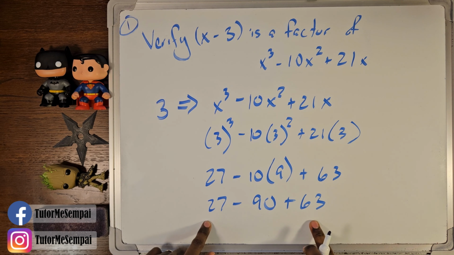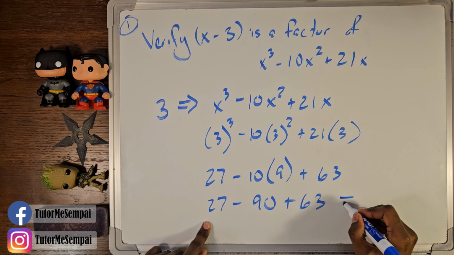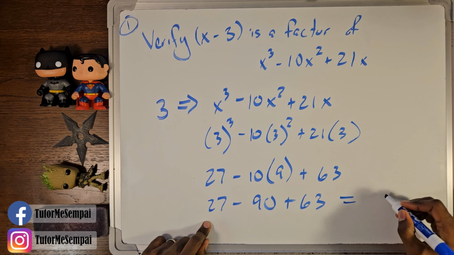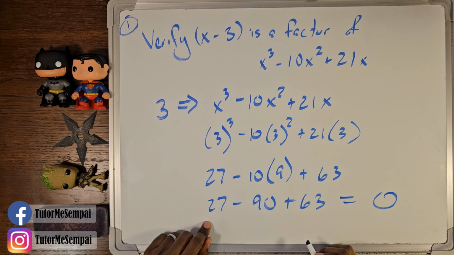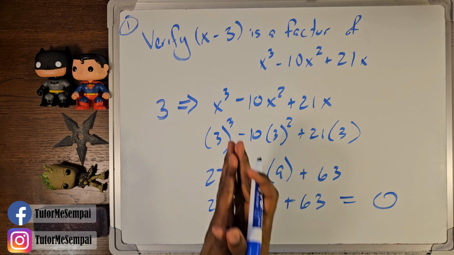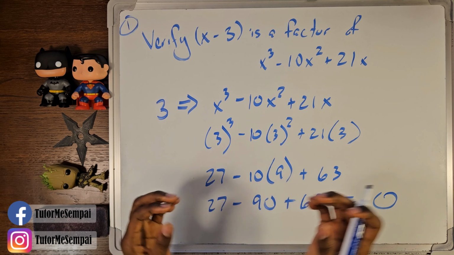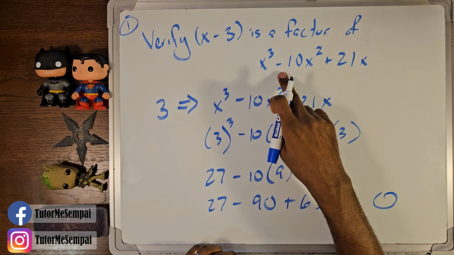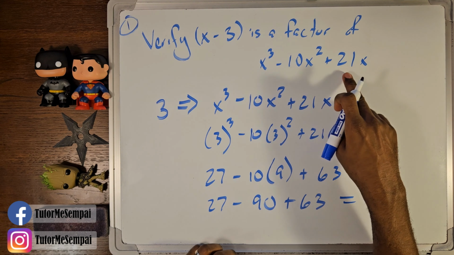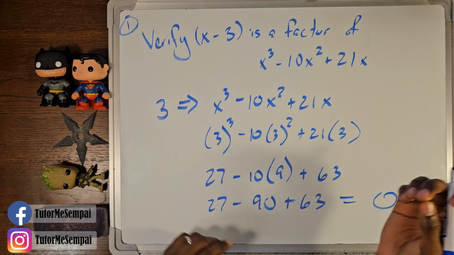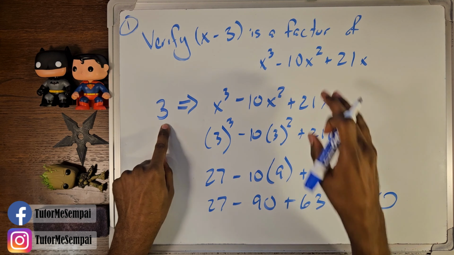And when you combine all of this is going to equal what? 0. This tells us that x minus 3 is indeed a factor of x cubed minus 10x squared plus 21x. And that's because 3 is a root of this polynomial.